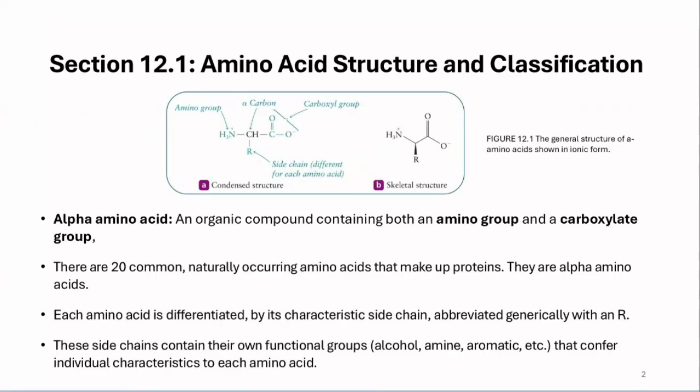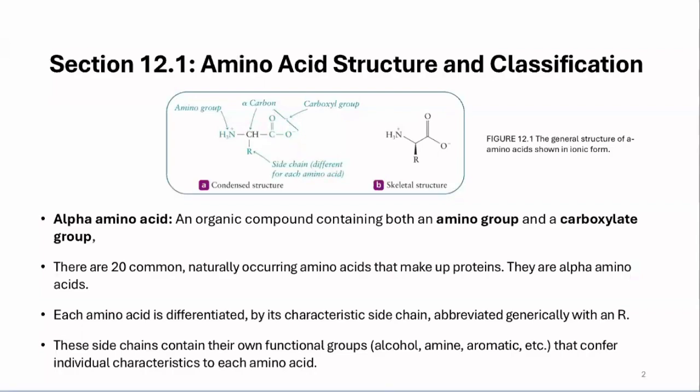There are 20 common amino acids. And those amino acids, depending on the different sequences, is what makes up a protein. So what that means is that the basic unit of a protein is an amino acid.